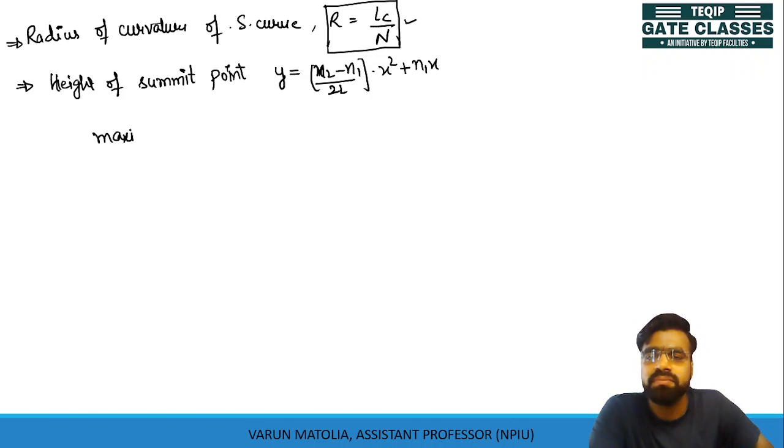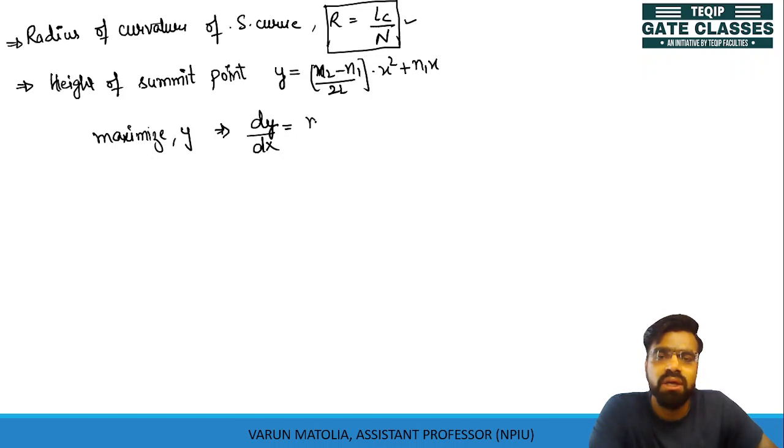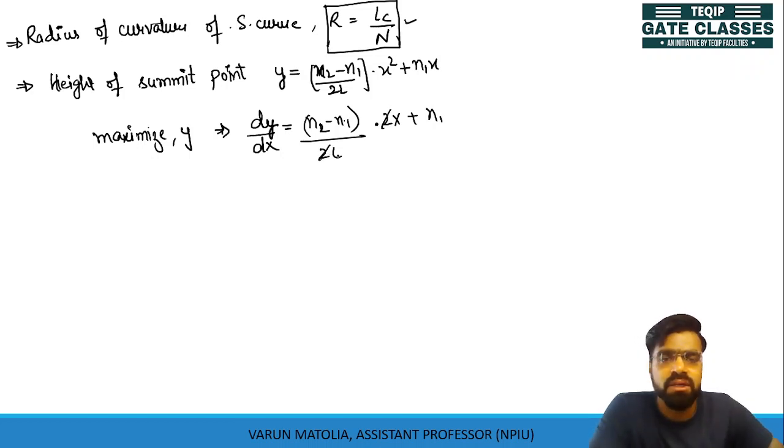Maximize y: dy by dx is equal to n1 plus (n2 minus n1) by 2l times 2x. I can put it equal to 0.